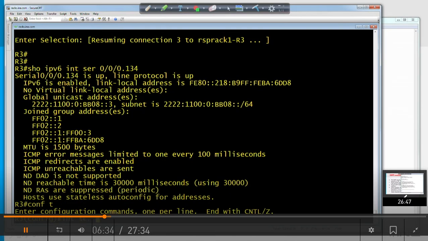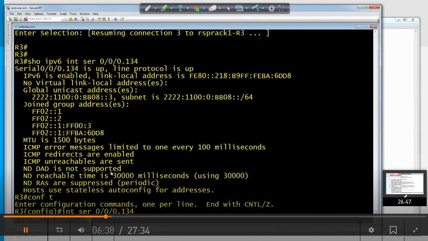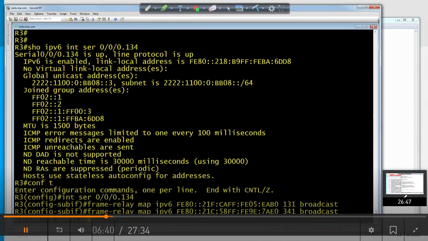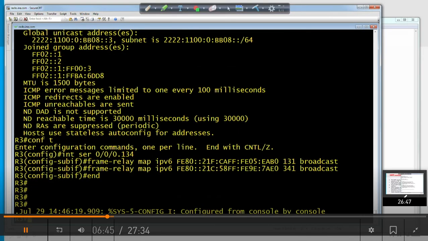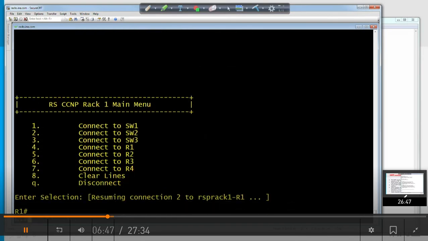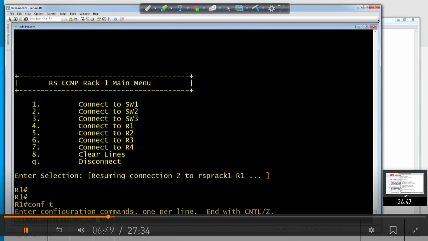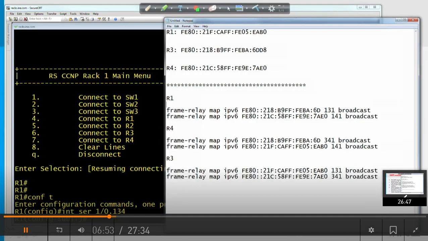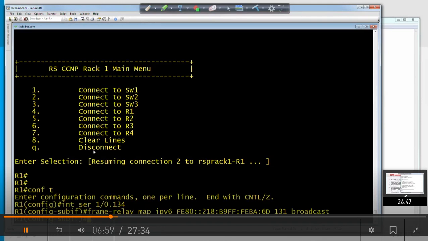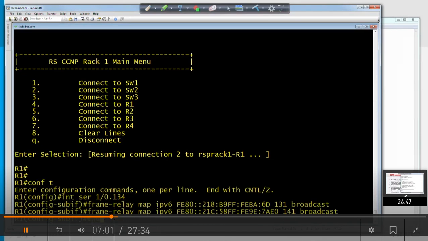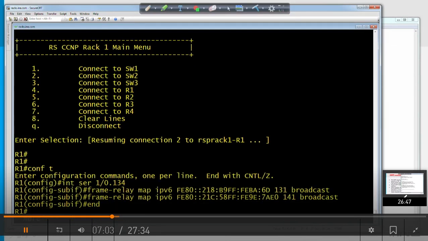Interface serial 0/0/0.134. And while I'm here, well, we'll come back to that. Okay, let's go back to router 1. And lastly, router 4.